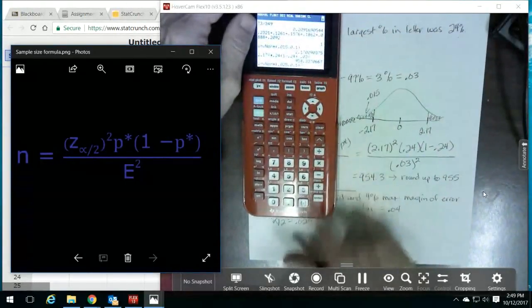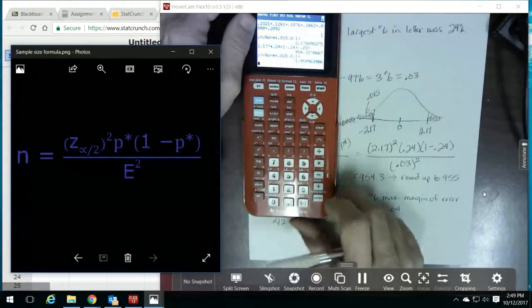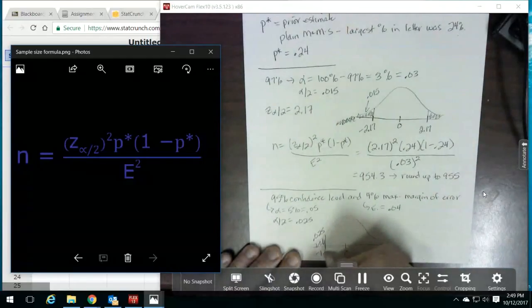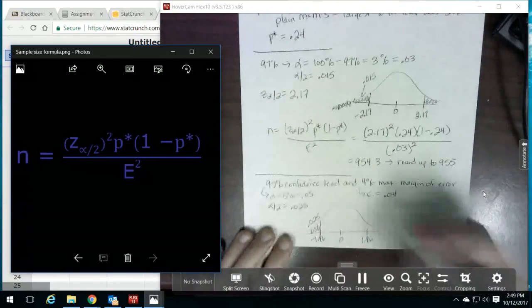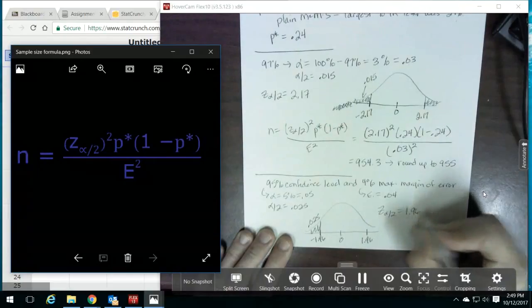So here's what I would have on my calculator. If I do that, it gives me negative 1.96 if I round it to 2 decimal places. So my critical value is that, just with the negative taken off. So now I have z alpha over 2 is 1.96.